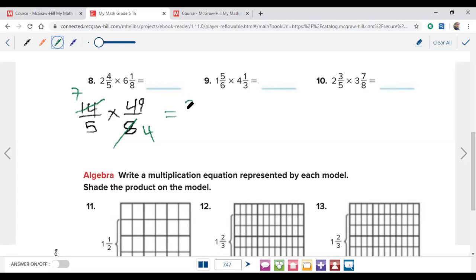Yes, 343. Then multiply the denominators. 5 times 4 equals what? Yes, 20.